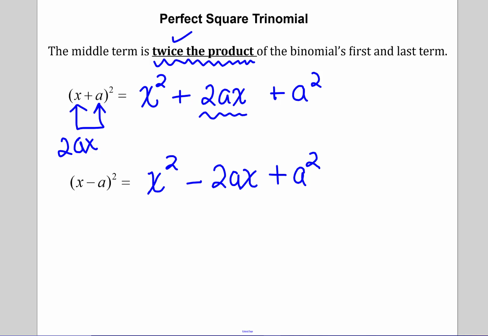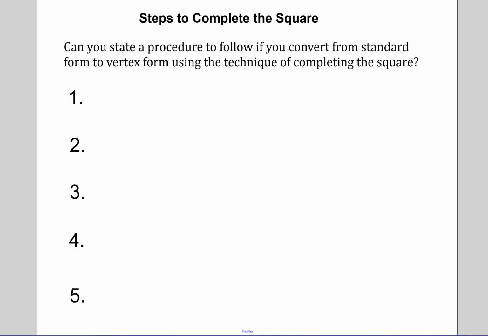And then our last thing we need to review is how do you complete the square? So oftentimes I like to think about the physical model of a square. If I have a square that I don't know the length or the height of, but I know it's a square, I know the area is x squared. And let's say we had some little blocks, like algebra tiles.